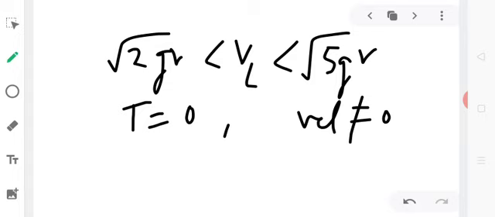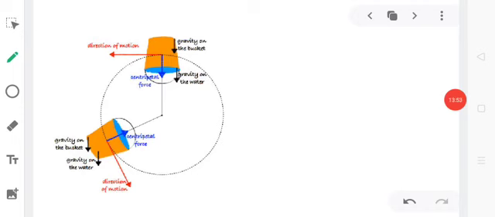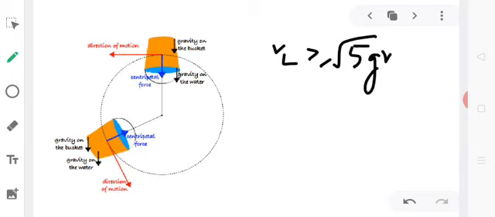So obviously, after understanding the different concepts regarding motion in a vertical circle, we should also discuss some practical applications of motion in a vertical circle. When a bucket containing water is rotated in a vertical circle with a velocity at the lowest point VL greater than or equal to root over 5gr, water shall not spill even at the highest point when the bucket is upside down.